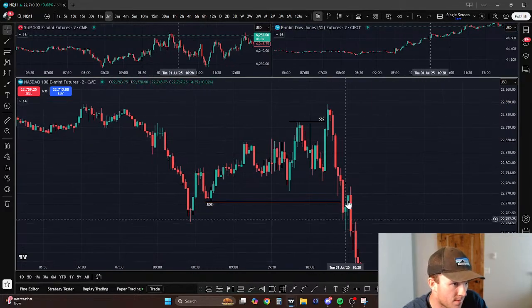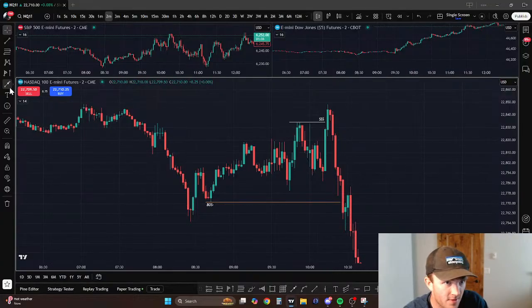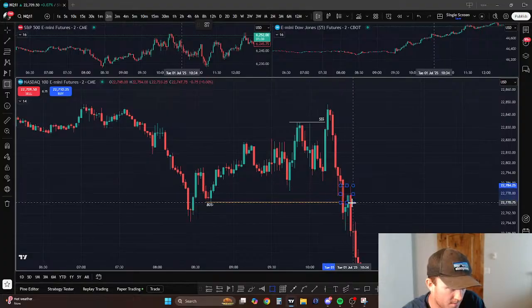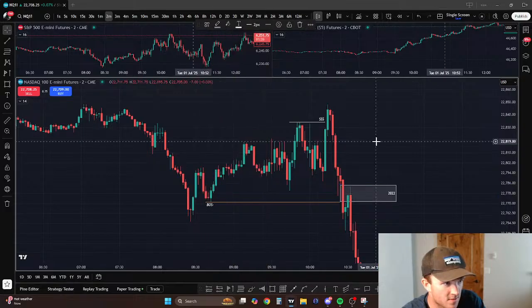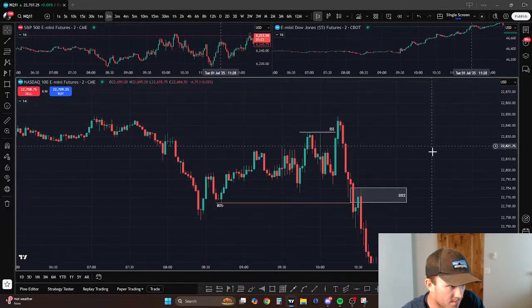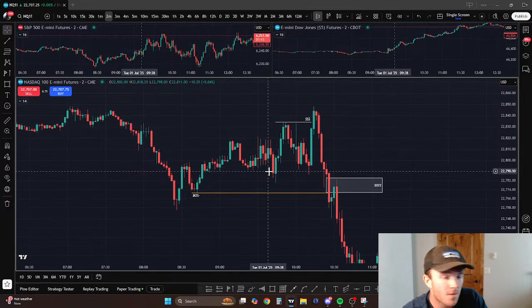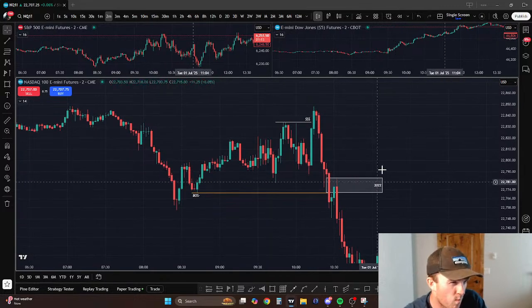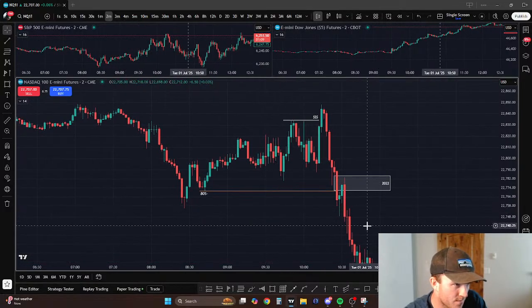So sweep, break the low, and then here we have this fair value gap. And this is a nice 2022 fair value gap that delivers us lower.